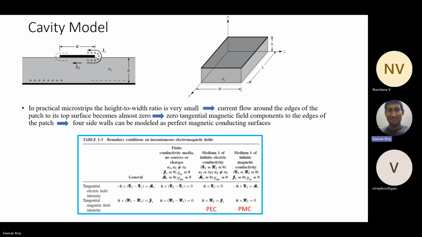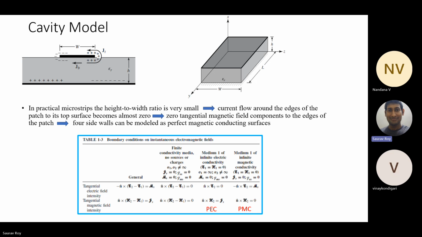The other components, like perpendicular components, would also be related, but they won't be 0. So the main important point is that for an electrical conductor, the tangential electric field should be 0.